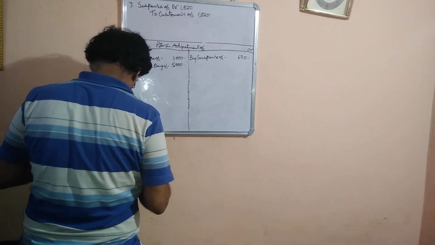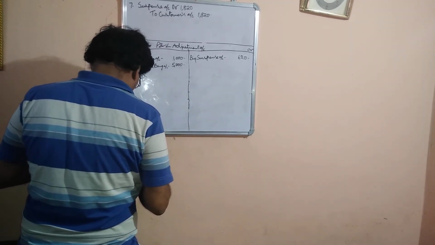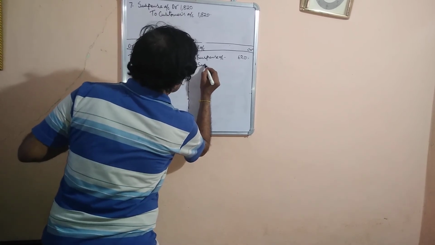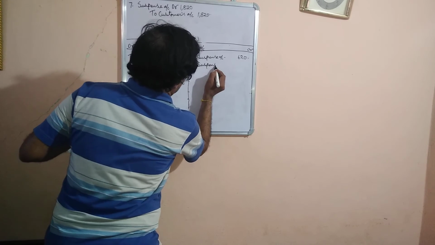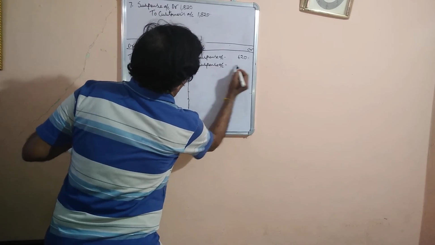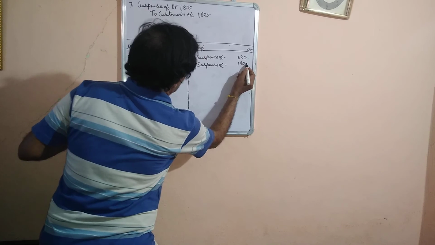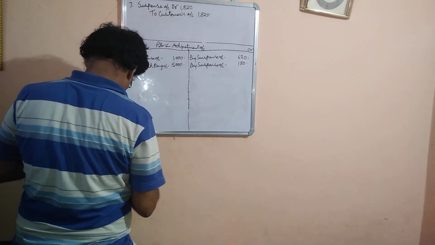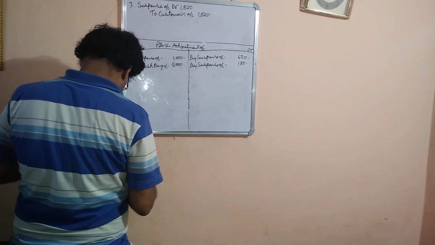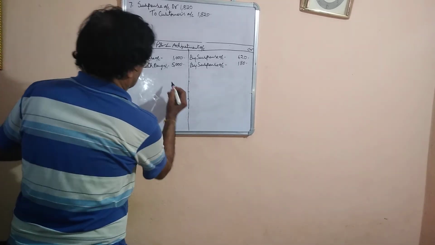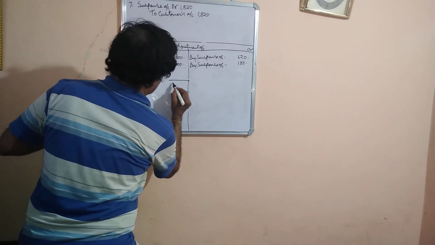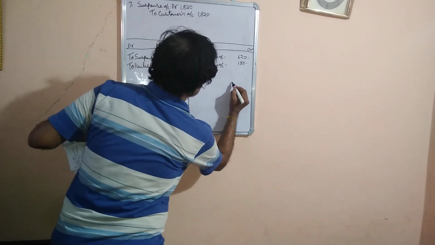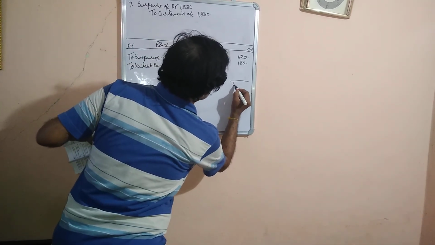Next, by suspense account 180. These are the things that we come across, so we tally this and get 6,000. Here also 6,000.